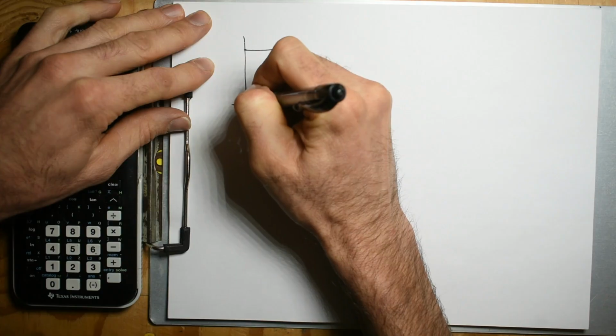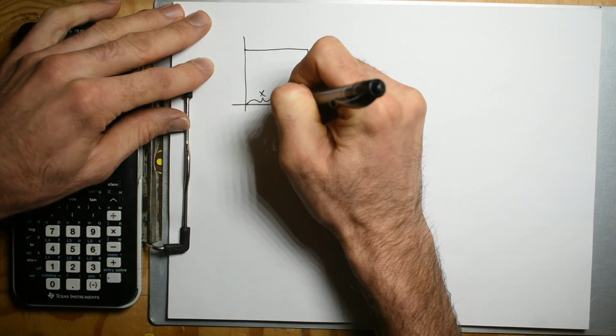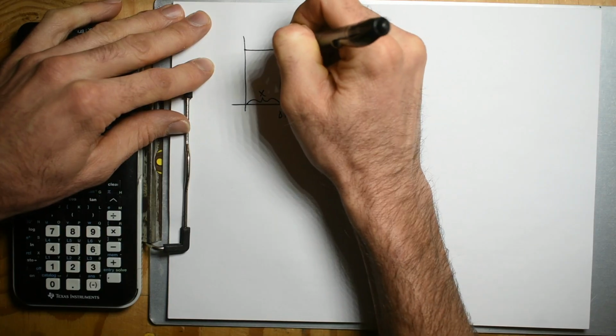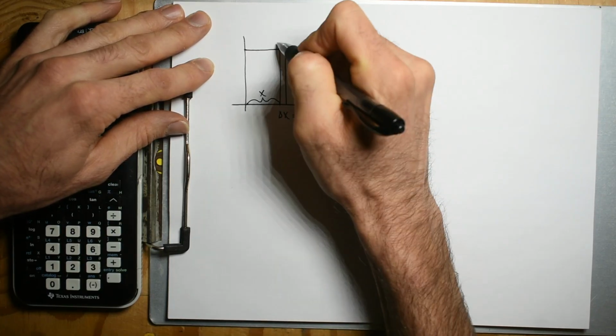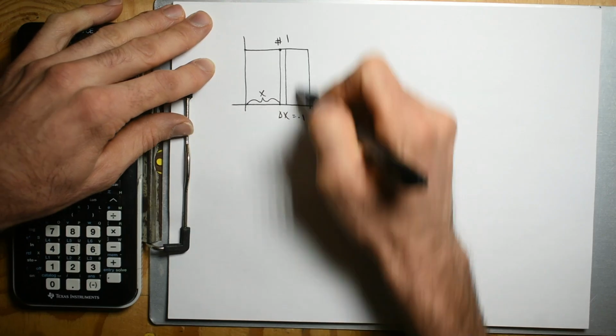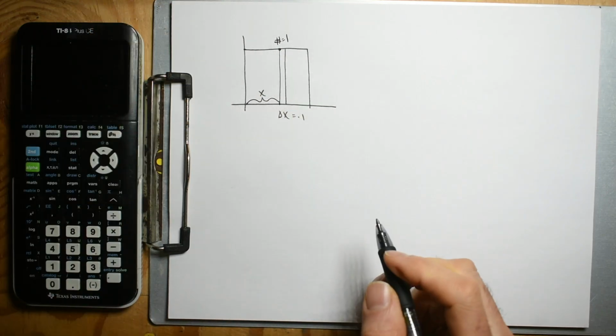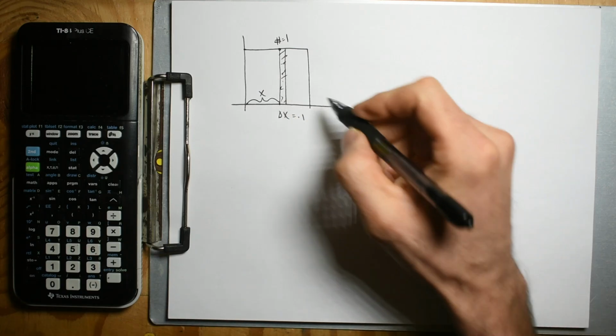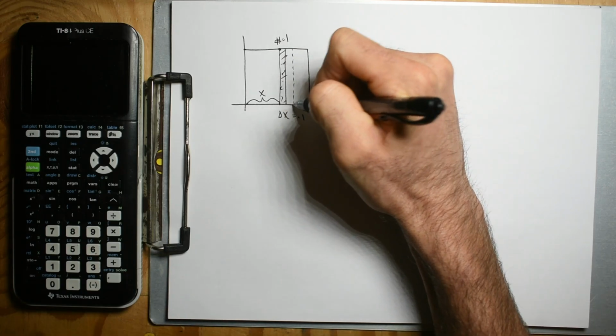All right. So this is my value of x. Here's my strip. It's about 1/10, 0.1. At x, this is my value, and it's 1. If I did have 2, you know what I mean?